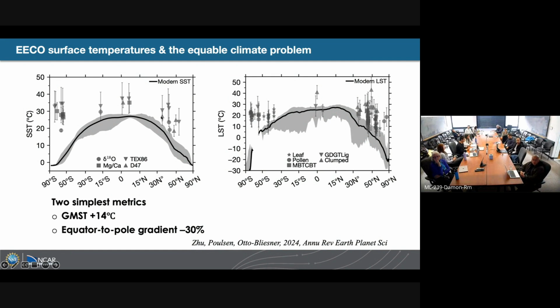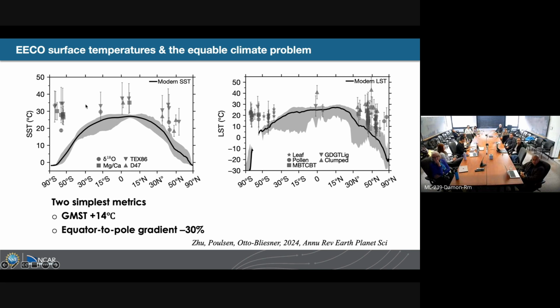So basically, we compile the surface temperature records from the DeepMIP compilation. And in comparison, the black line with the shading is the modern temperature. And looking at the tropics, you see that the proxy data suggests that the tropics was roughly on average 10 degrees C warmer than the pre-industrial.